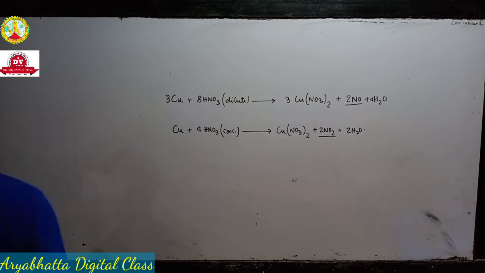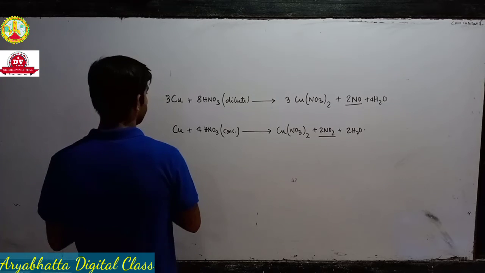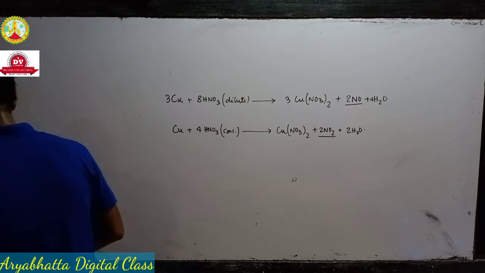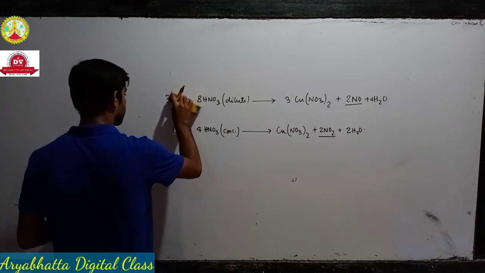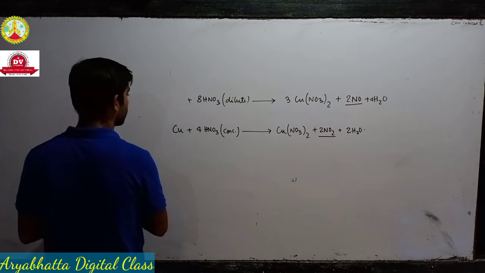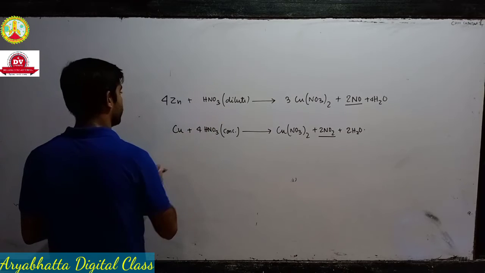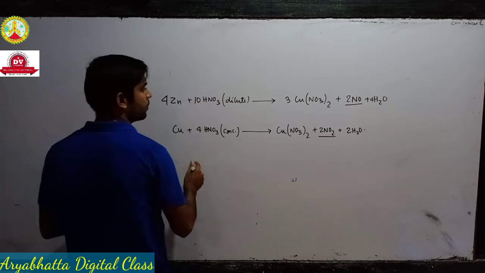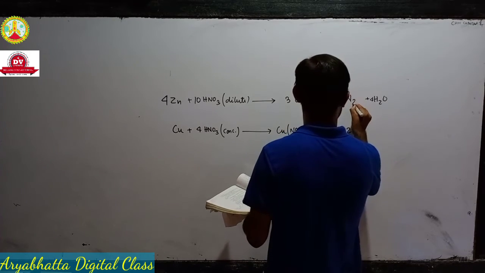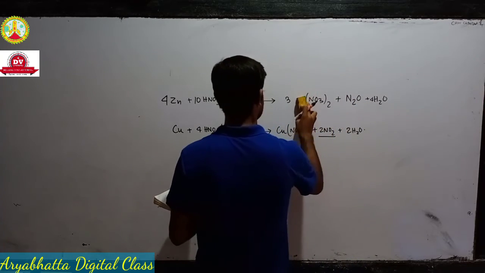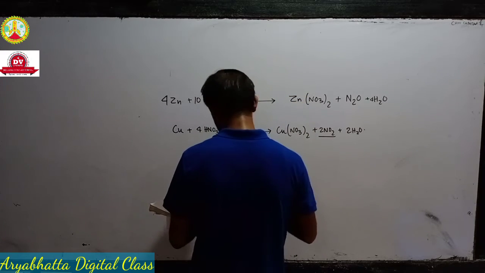Now the same reaction we will see with zinc. So when zinc is taken, the thing that changes is this. N2O is formed, and zinc nitrate will be just like copper nitrate.